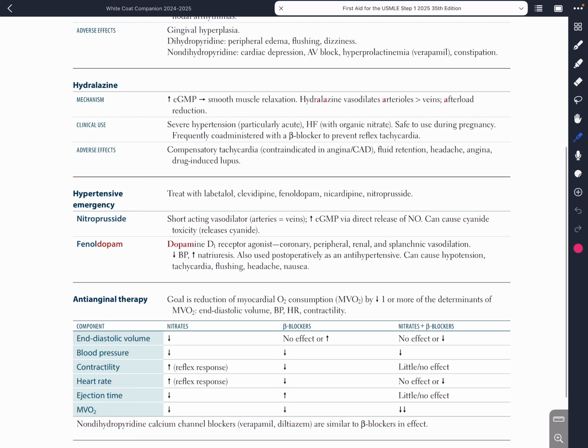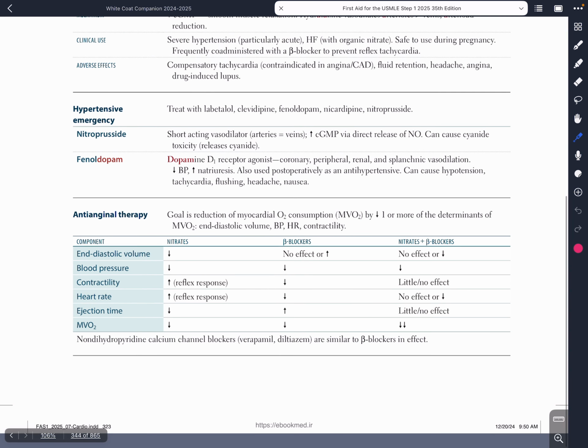Hypertensive emergency is a condition where you almost always see end organ damage. Hypertensive emergency is treated with labetalol, clevidipine, fenoldopam, nicardipine, and nitroprusside.